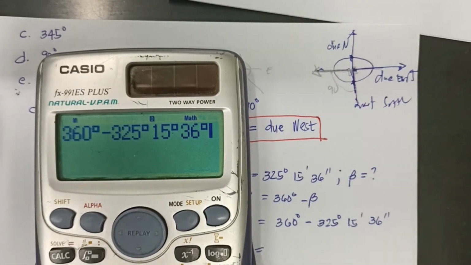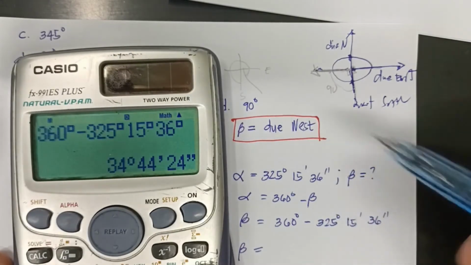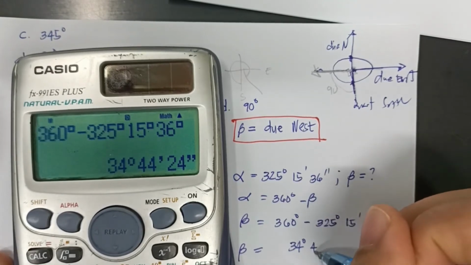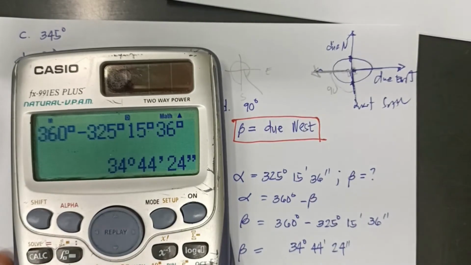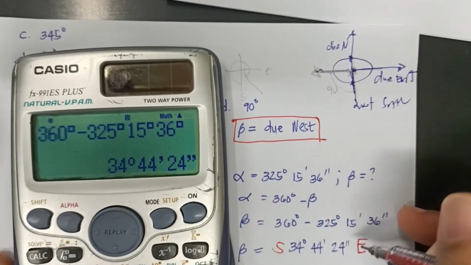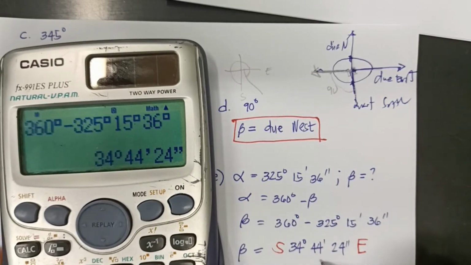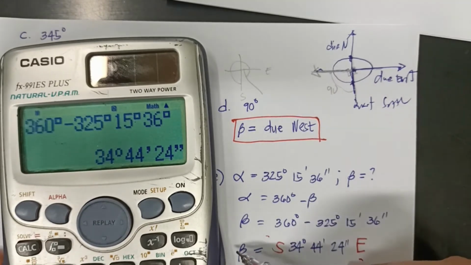Then equal, and you have 34 degrees, 44 minutes, and 24 seconds. Again, that is in the southeast quadrant, so the bearing is south 34 degrees, 44 minutes, and 24 seconds.